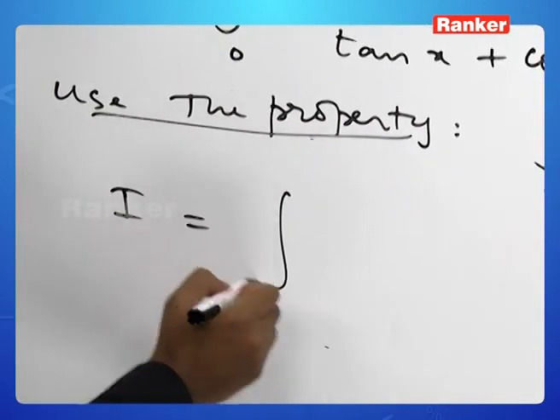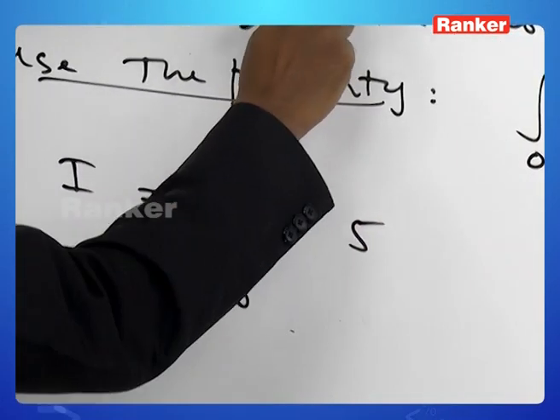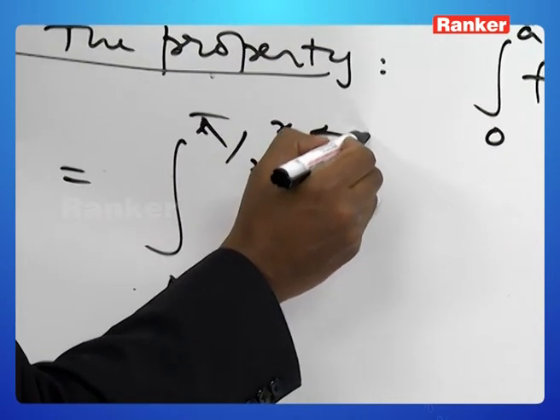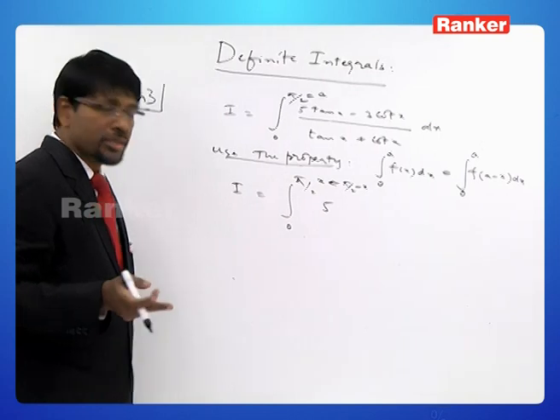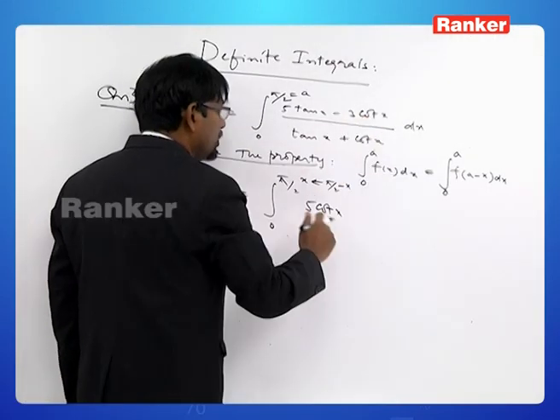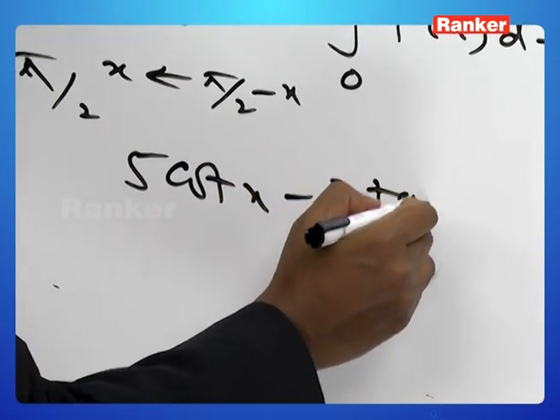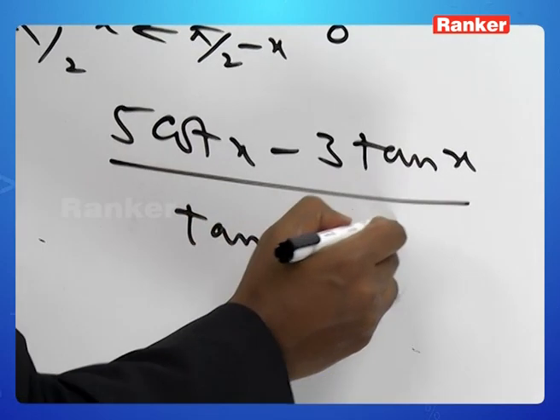I is also equal to integral 0 to pi by 2. Now what if I replace x with pi by 2 minus x? So tan x will become cot x, tan of pi by 2 minus x is cot x, so 5 cot x, and cot x will turn to tan x, so 3 tan x by tan x plus cot x.